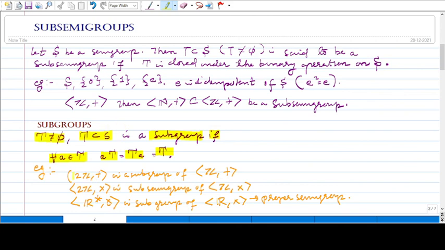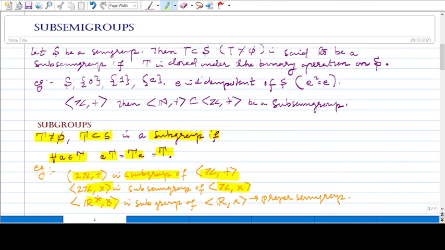Now, what are the examples? 2Z plus is a subgroup of Z plus. 2Z using the binary operation multiplication is a subsemigroup of Z multiplication. It's a subsemigroup, but 2Z multiplication is not a subgroup because inverse does not exist. Also, Z multiplication is also not a group. So these are different types of examples.